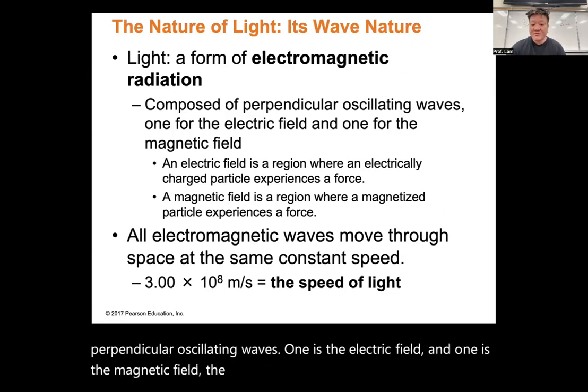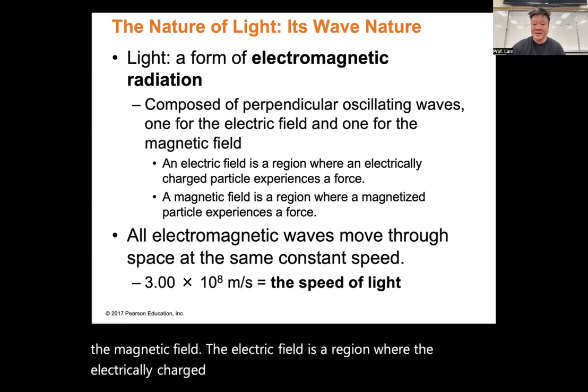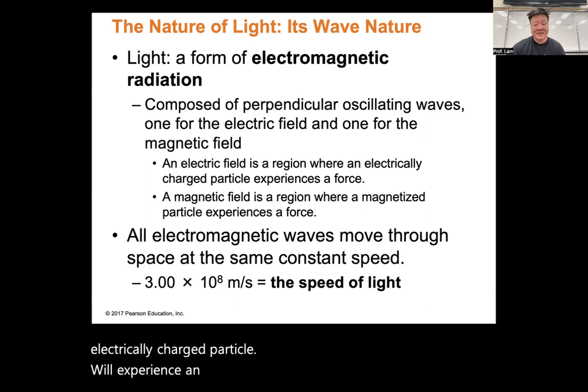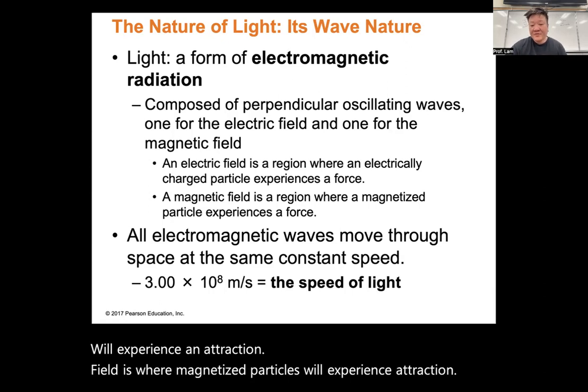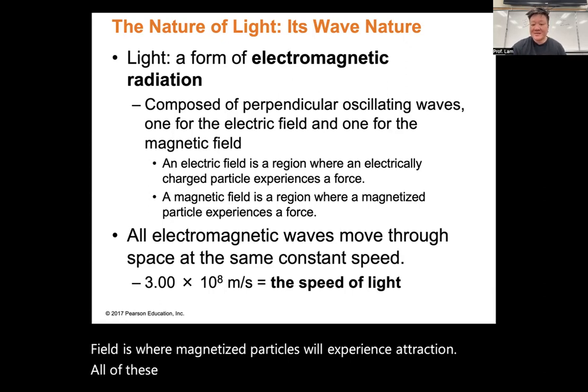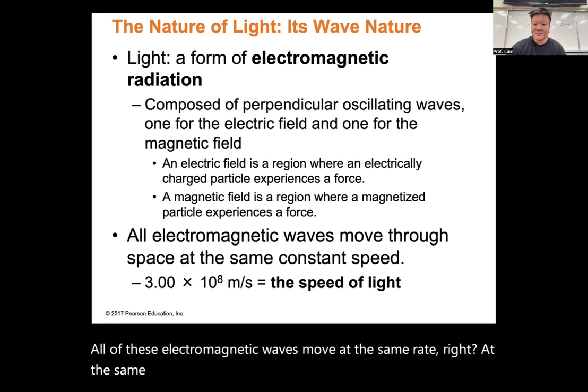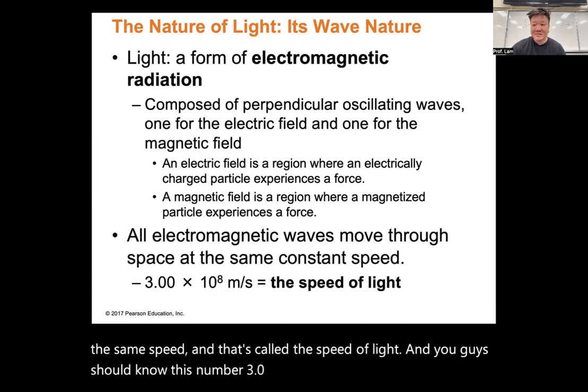The electric field is a region where the electrically charged particle will experience an attraction, and the magnetic field is where magnetized particles will experience attraction. All of these electromagnetic waves move at the same rate, right? At the same speed, and that's called the speed of light.